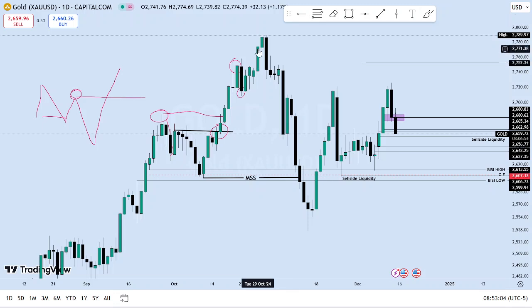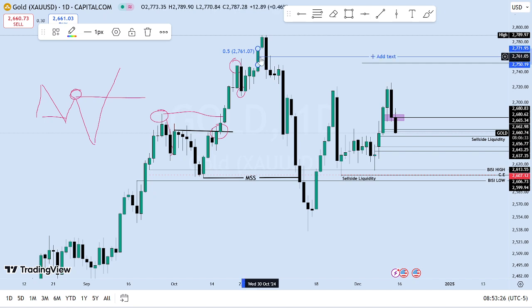We have cancelled this inefficiency, this overlapping. We call it overlapping inefficiency: an inefficiency already created, and creating another inefficiency. You can see this candle here at the consequent encroachment.